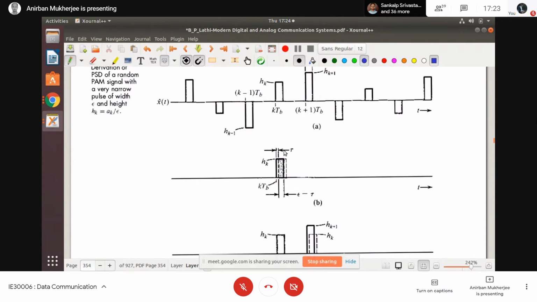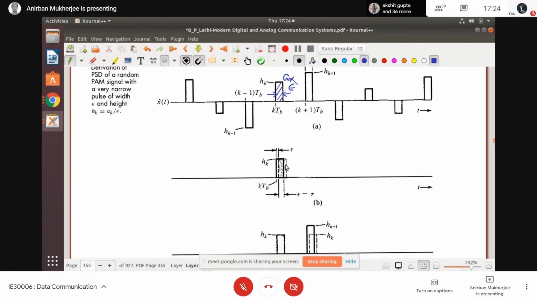I have a rectangular pulse, each of height hk and width epsilon, so the area is AK, starting at point kT. This is x(t), and I have shifted it a little to get x(t minus tau).